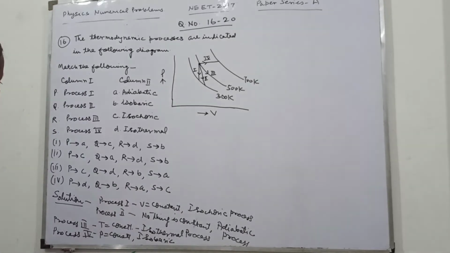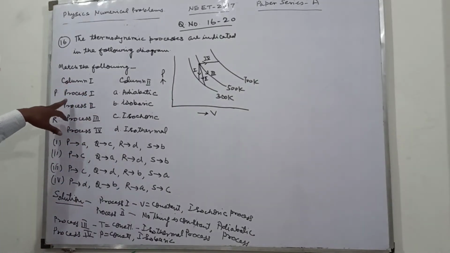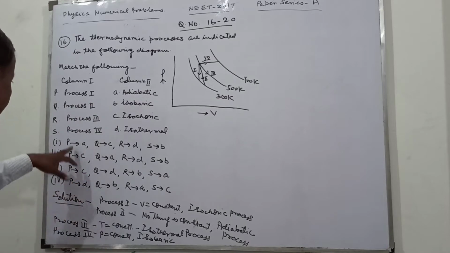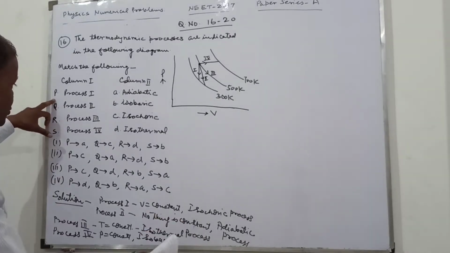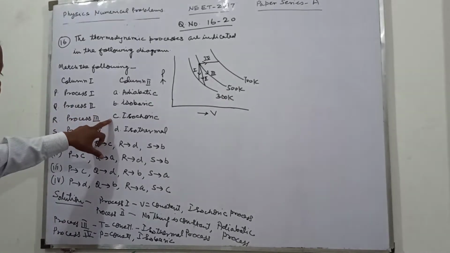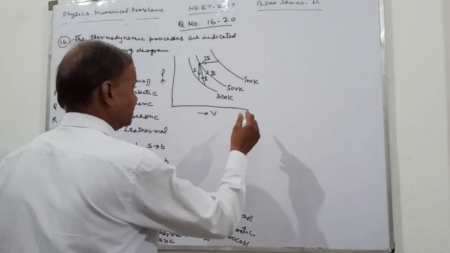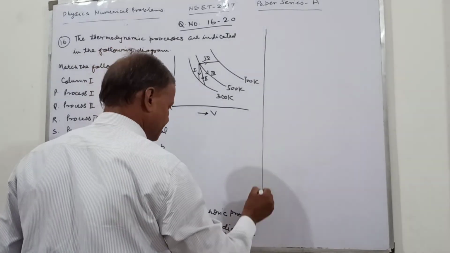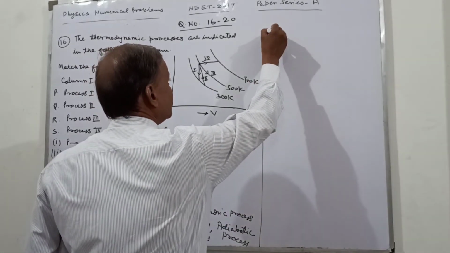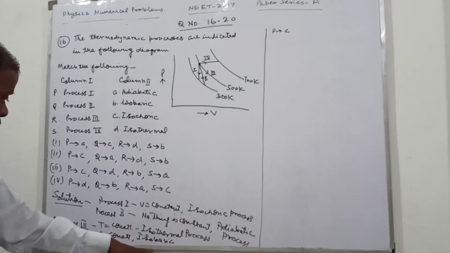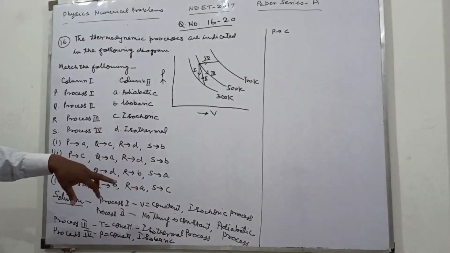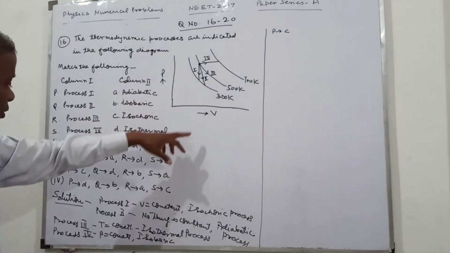So what we have? Process 1 means this is P. Isochoric means C. So this is P to C, volume constant.